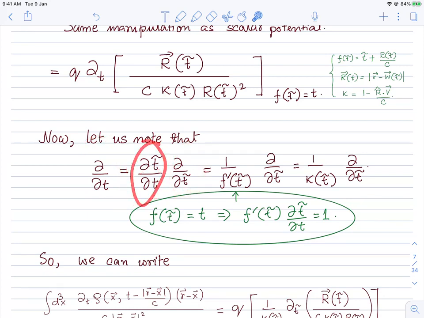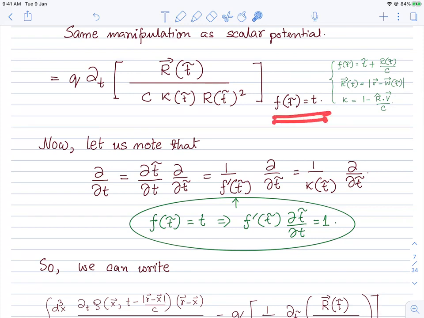We know the functional dependence of t and t tilde; it is given by this expression here. If we perform a differentiation, we obtain dt tilde by dt. That is 1 over f prime, and that is 1 over kappa in our notation. This kappa of t tilde comes in the denominator.